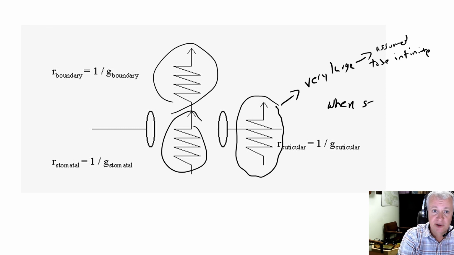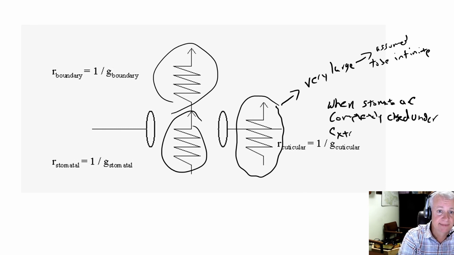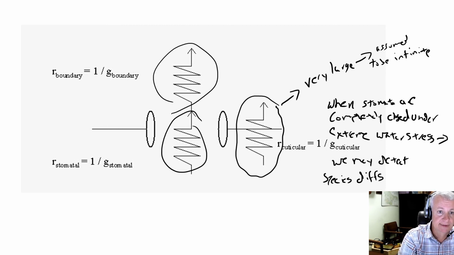So when stomata are completely closed, under extreme water stress, we may at that point detect species differences in cuticular resistance, really just associated usually with a thicker cuticle.